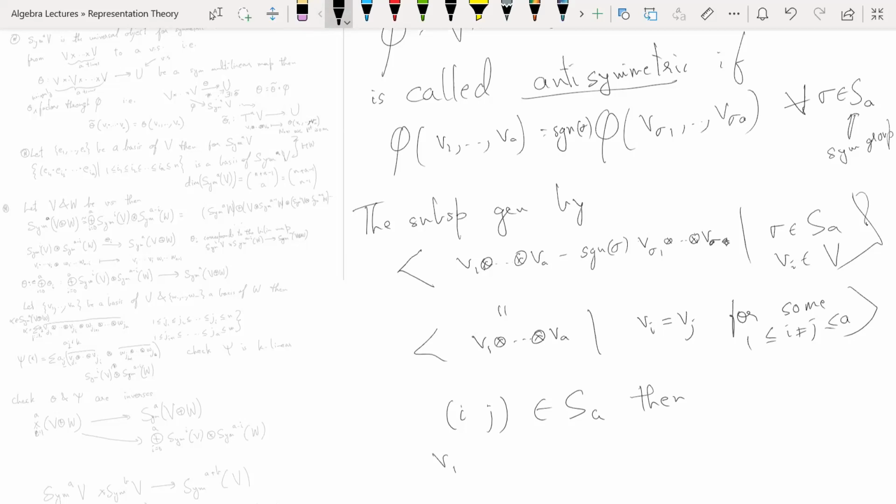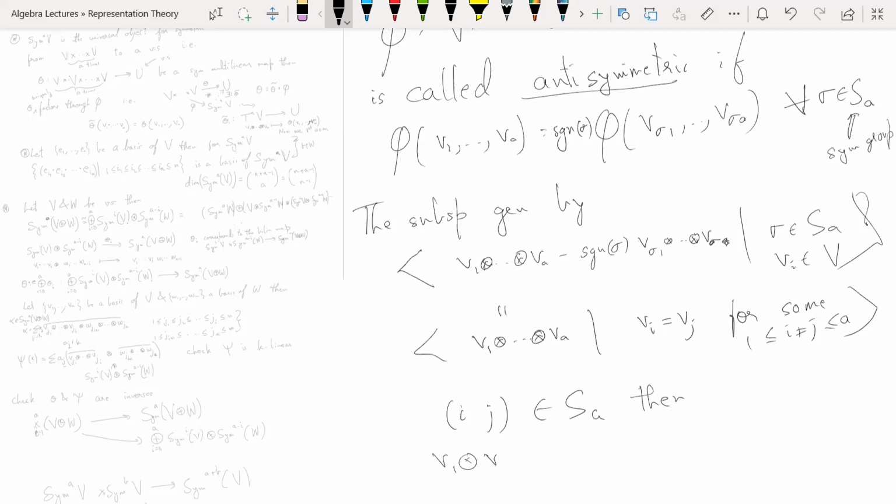So we get ij, and then this subspace. Why is this in the previous one? If two of them are the same, how can I write it? We just exchange Vi and Vj, and then we bring it to the other side.